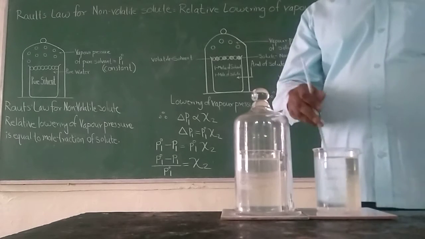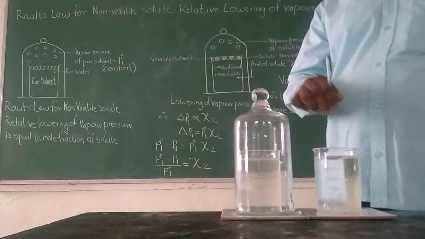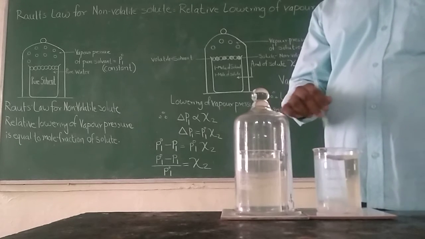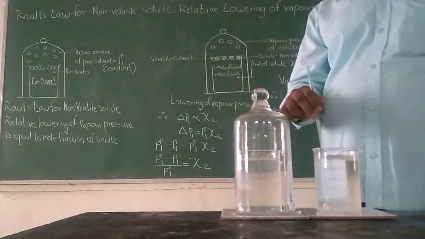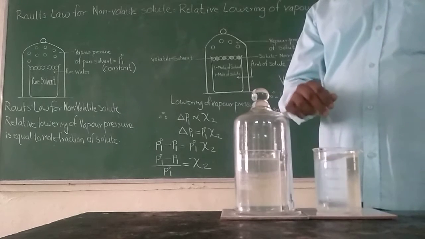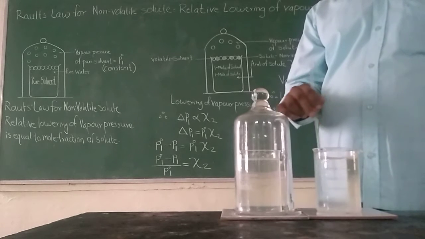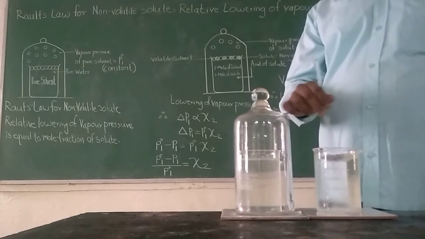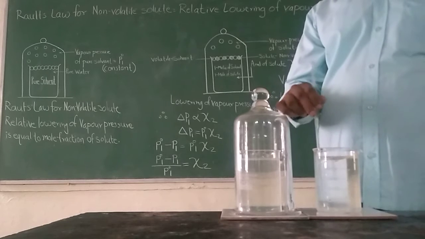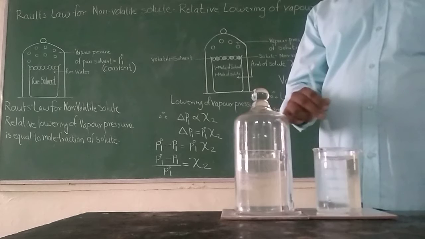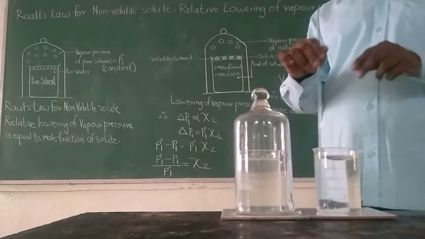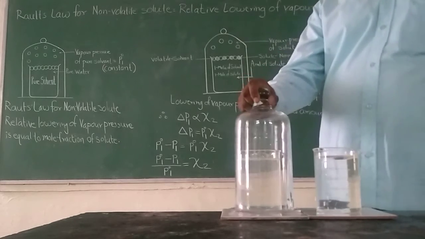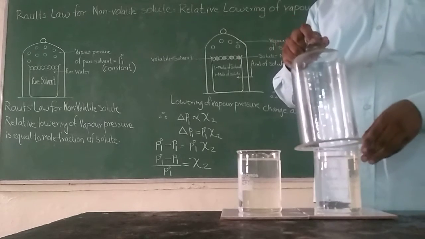So I will dissolve it and make the solution. Okay, so it is dissolved now, and I have to measure the vapor pressure of this solution also. So I will keep this gas jar on it. Okay.